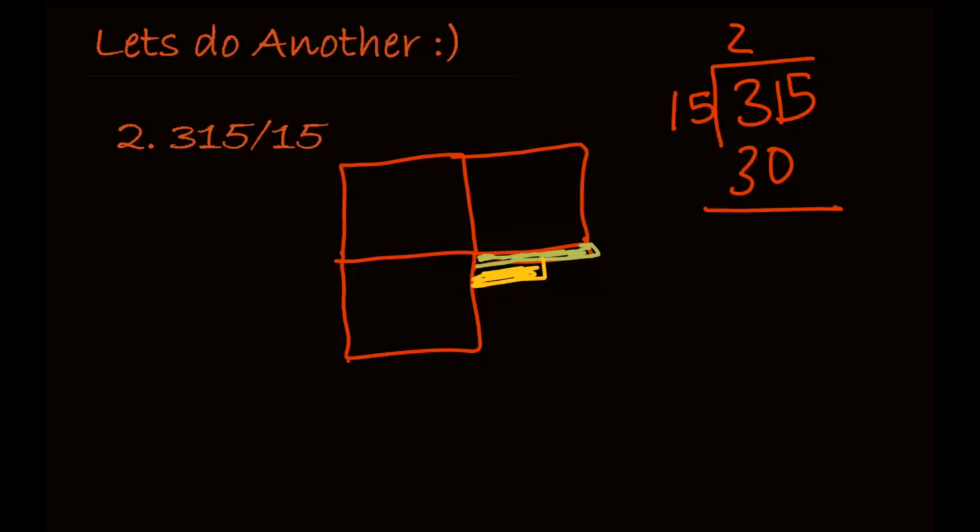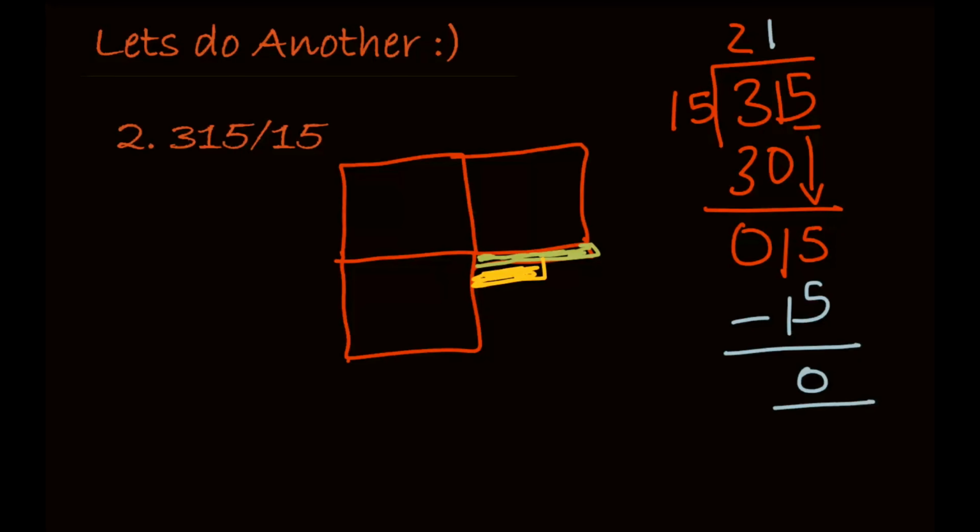We subtract: 1 minus 0 is 1, 3 minus 3 is 0. We have a 5, so we bring that down. So we have 15. Now we do 15 times 1, and we get 15. We subtract, and we get 0. So our answer here is 21.